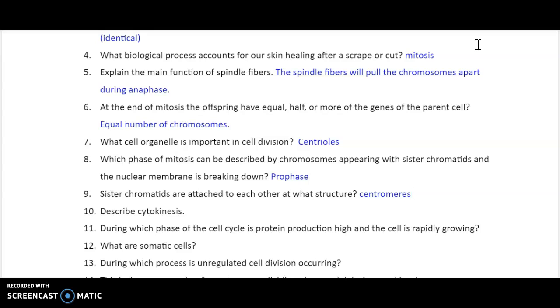And that's where they're going to separate. So if you have 46 chromosomes, those 46 chromosomes are going to have to replicate to be able to make identical sister cells. So they have to copy themselves, but we don't say, oh, now all of a sudden we have 92 chromosomes.